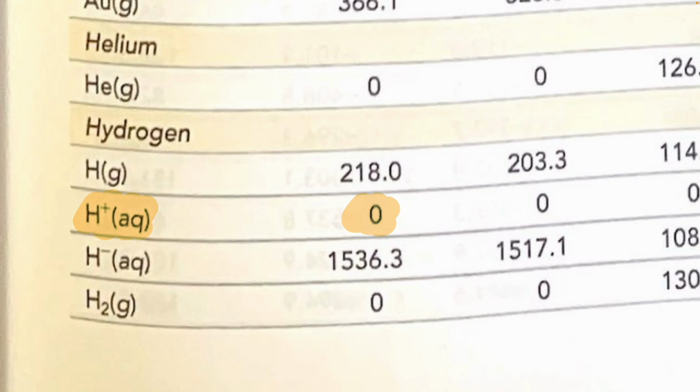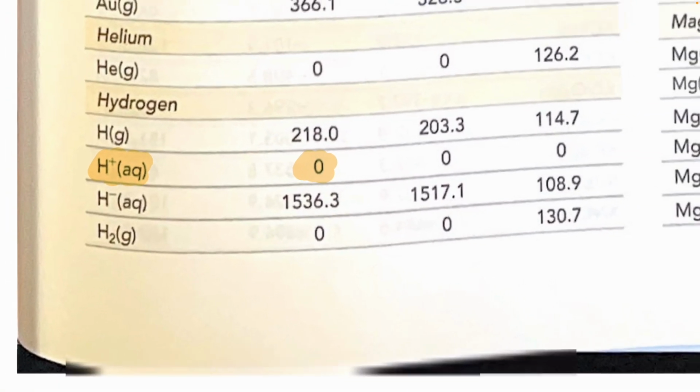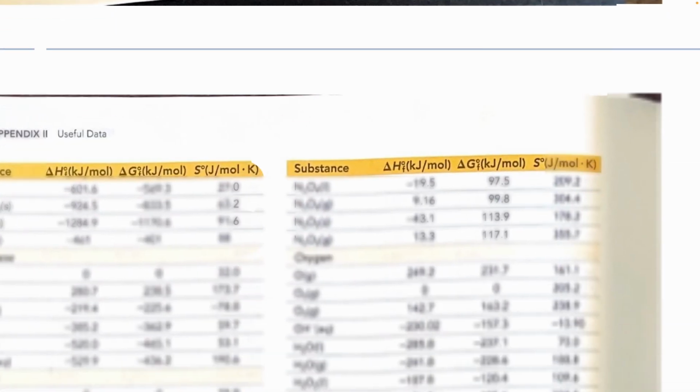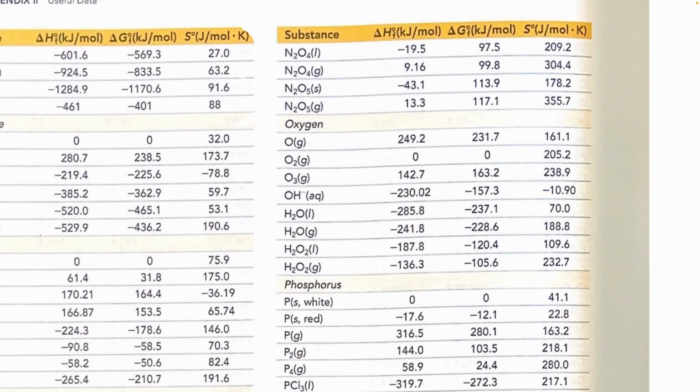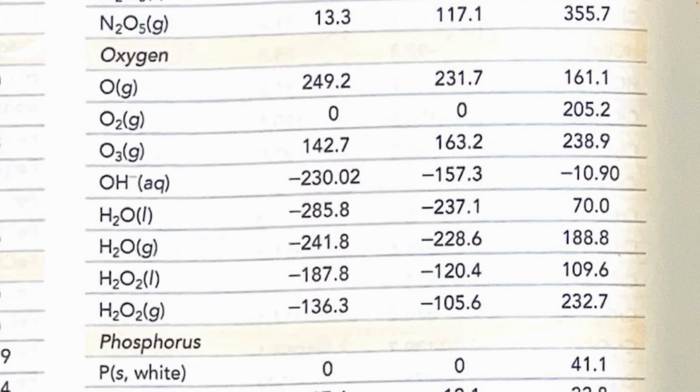Okay, turned out that our standard enthalpy of a hydrogen ion is just 0. The other two will be in this section here. So everybody take a second, grab those relevant values, and then tell me what the change in enthalpy is for this acid-base reaction.